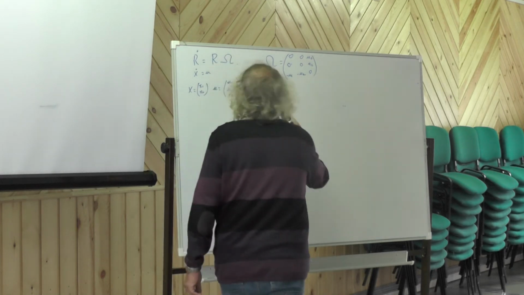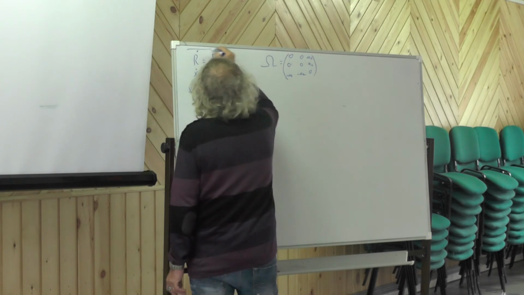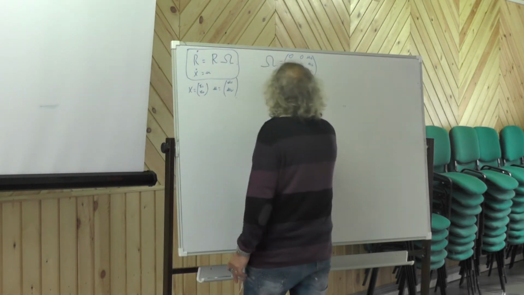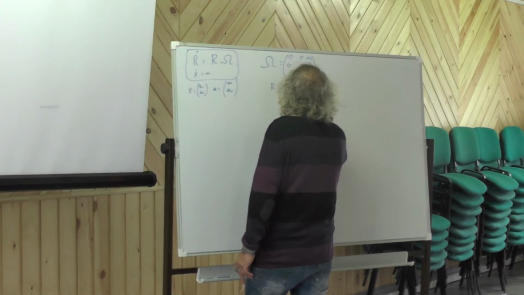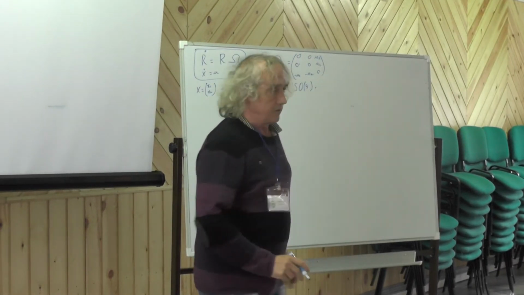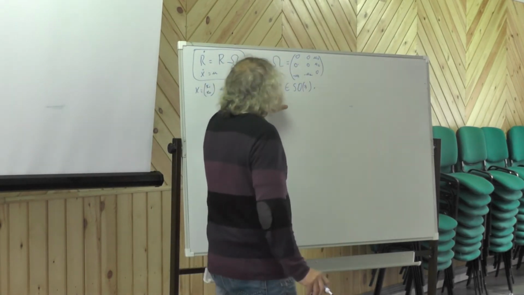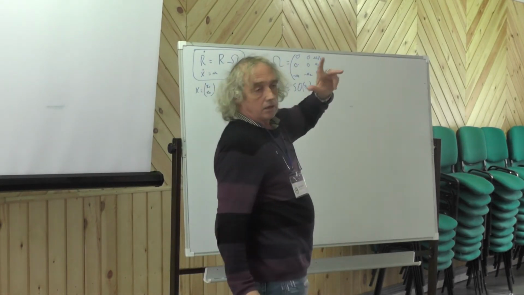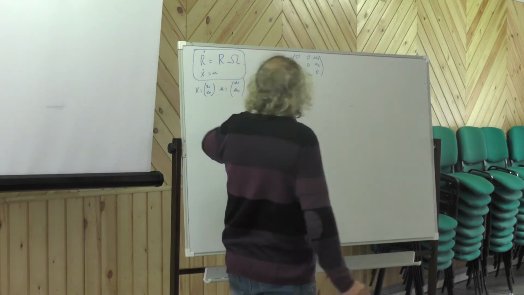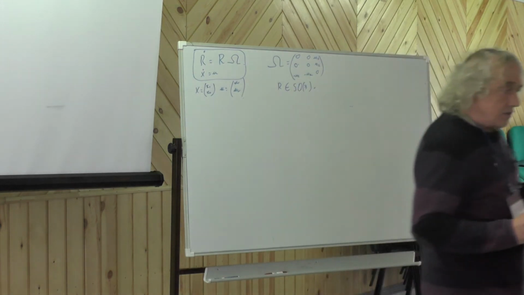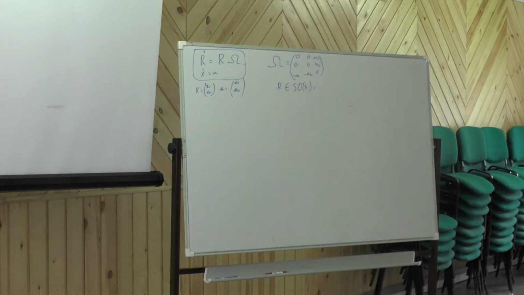R belongs to SO3, the orthonormal frame attached to the ball. Omega is a skew-symmetric matrix, and U1, U2 are the controls.